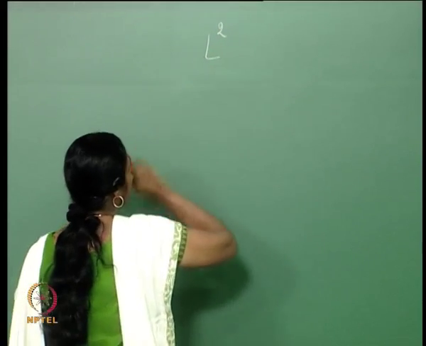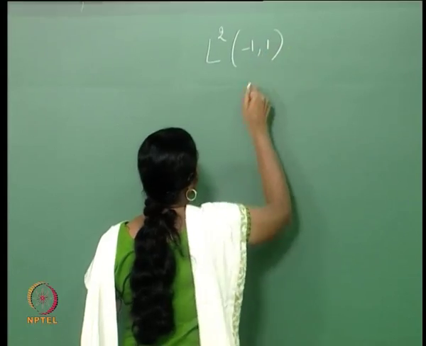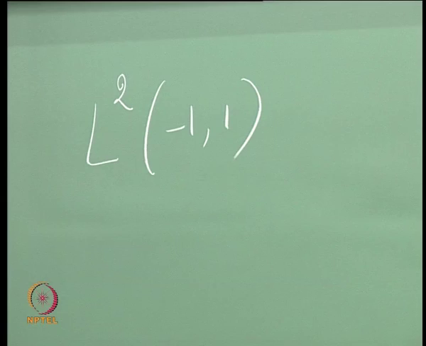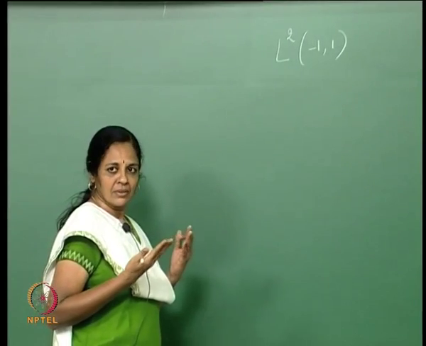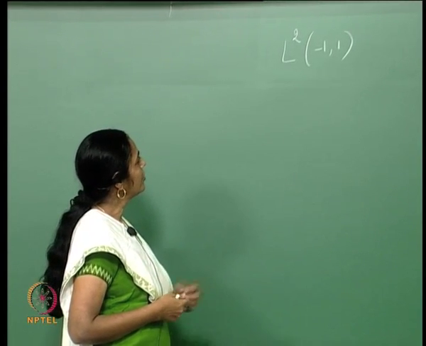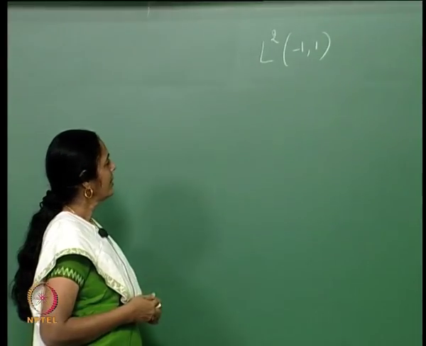So let me consider L2 of minus 1, 1. What kind of functions, which are orthogonal to each other, can I think of that could be part of the basis set here?